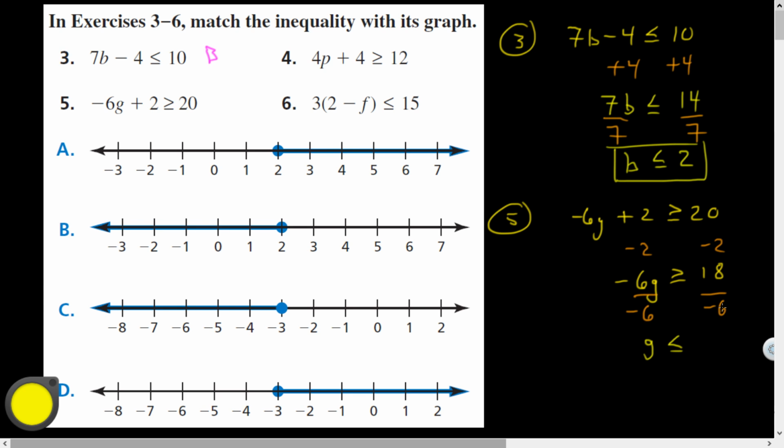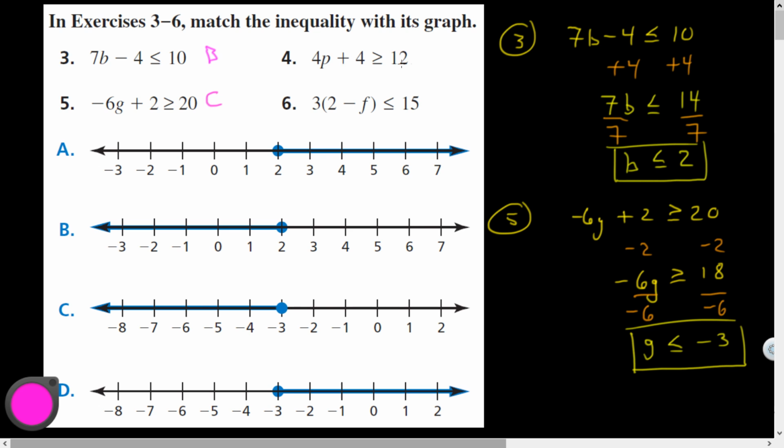That inequality is rolling over in its grave, because we divided by a negative. So g is less than or equal to negative 3. That's a closed circle at negative 3, shaded to the left. C is the answer to number 5.